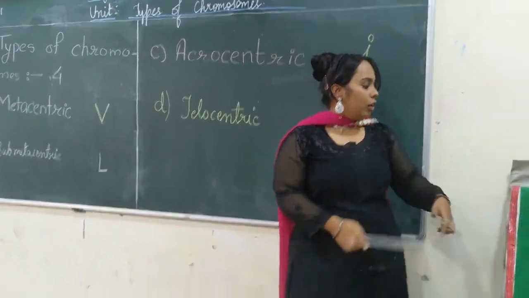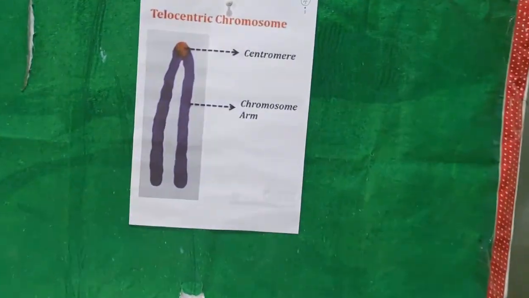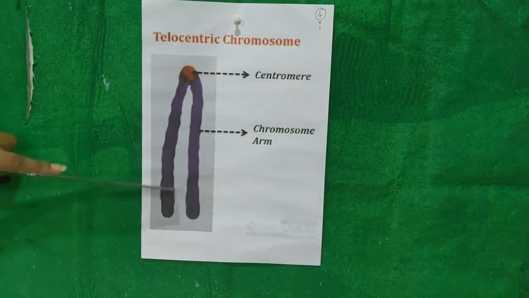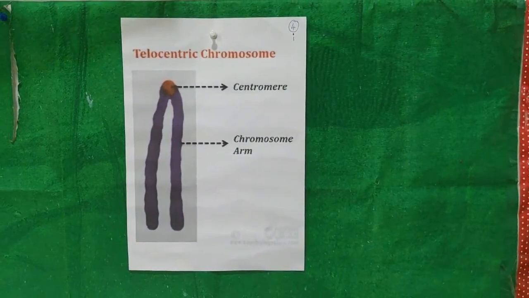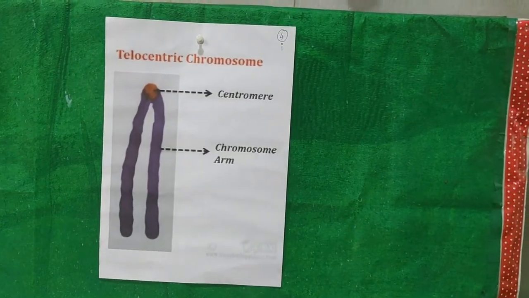Perfect. So here also, if you can see, the centromere is completely shifted at the end. There is no visible other arm. There is only one arm which is visible. So this is our fourth type of chromosome, that is telocentric.